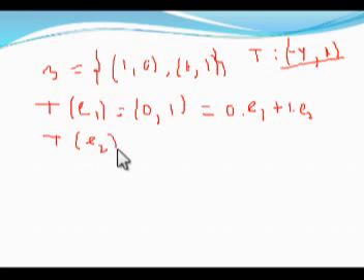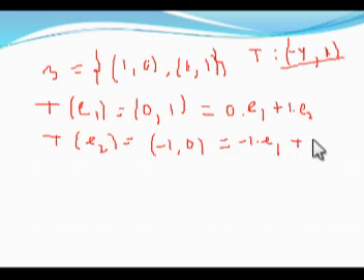If we put here (0, 1), then this will be (minus 1, 0), and minus 1, 0 can easily be written by this standard basis as minus 1 E1 plus 0 E2.